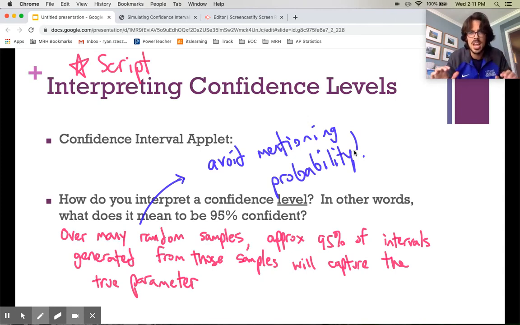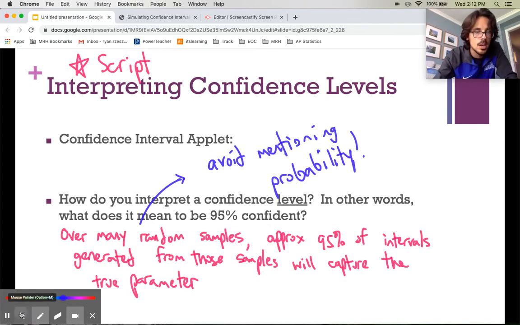That is considered not so good because in theory, the answer already exists. It either is or it isn't captured. Basically just avoid probability. It's a weird technicality, even though it sort of maybe makes sense in your head. Don't talk about confidence intervals in terms of probability. Talk about how if you do lots of them, this certain percentage of them will capture the right answer.